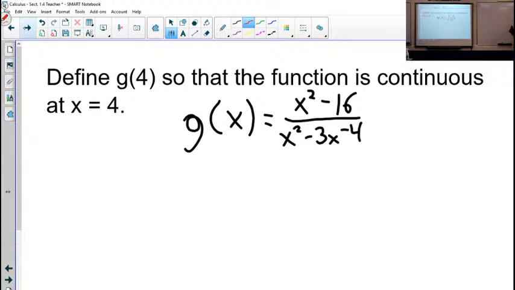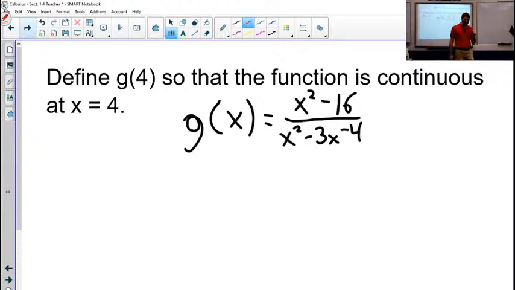Right now, if I plug in 4, what do I get? 0 on the bottom and 0 on the top. I have 0 over 0. That means the function doesn't exist there, and if the function doesn't exist there, then it's not continuous. But this is a removable discontinuity.